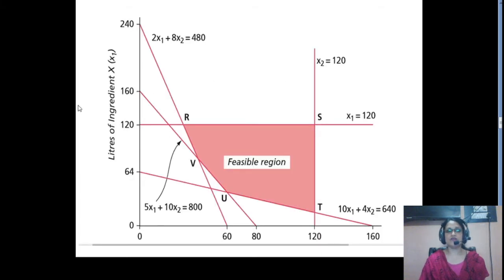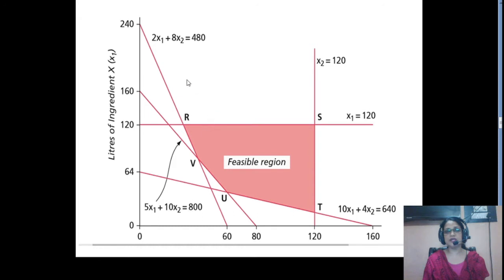So this is how we have done. This is the line x1 is equal to 120, this is x2 is equal to 120, right? This is 2x1 plus 8x2 is equal to 480. This is the equation 10x1 plus 4x2 is equal to 640. And this line is above for 5x1 plus 10x2 is equal to 800.